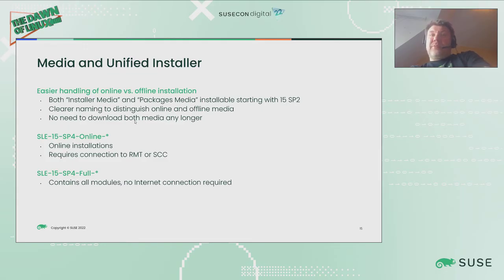If for some reason you don't have the chance to get this connection during install time, for example, you are doing an air-gapped installation, you can get an offline version that will bring everything needed, and you can install it without an internet connection. But of course, later you will need the connection if you want to get updates.